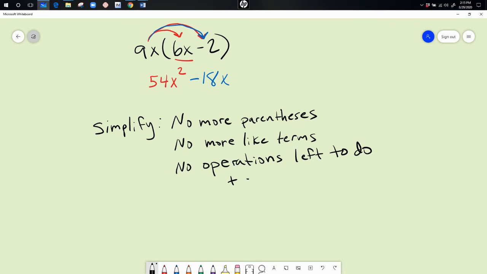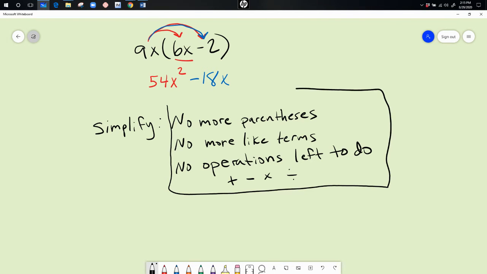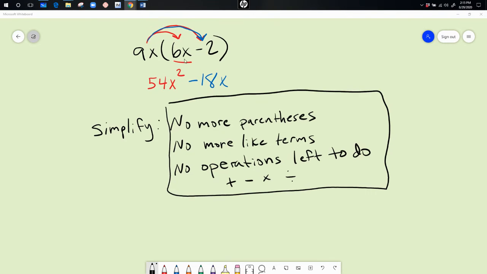So add, subtract, multiply, divide: you can't do any of those things anymore. Once all of this is complete, you know you have simplified. Make sure you pause and put that in your notes if you need to.